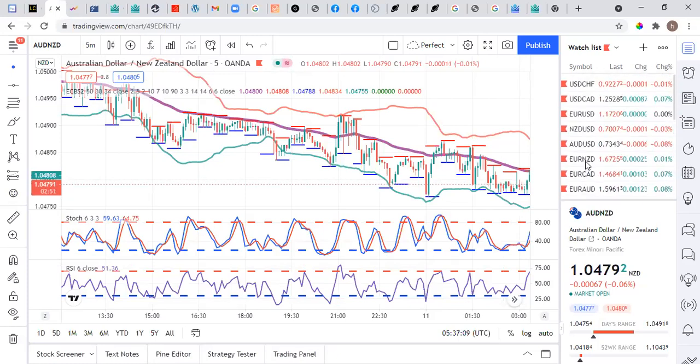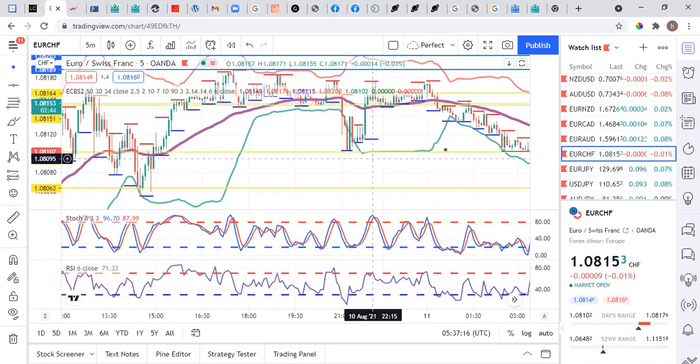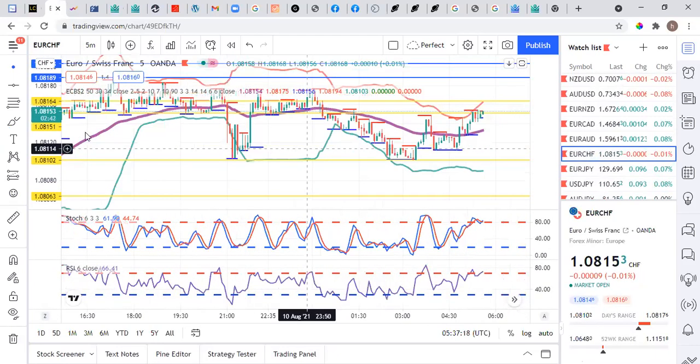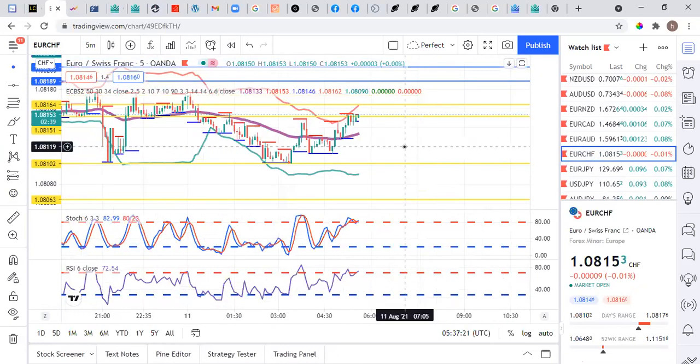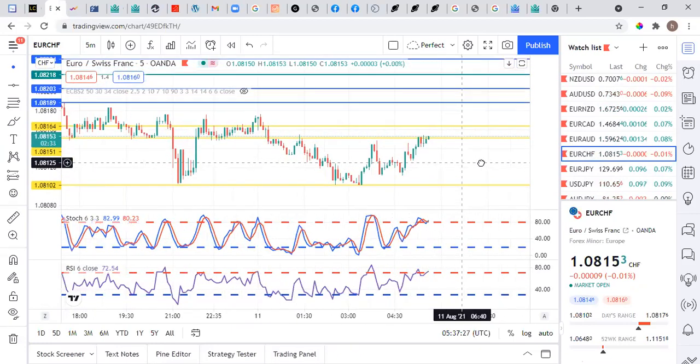What's going on? Euro CHF. Let me remove this camera so I can see my lines very well.